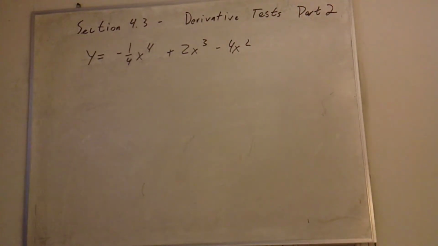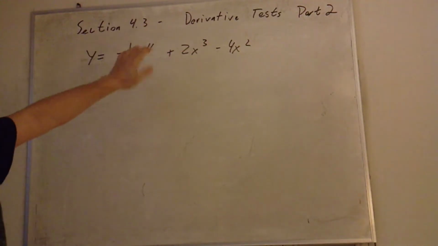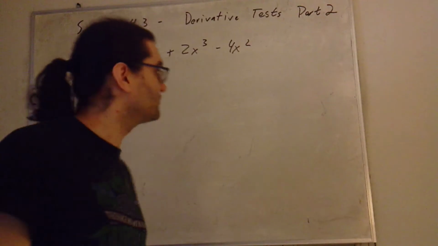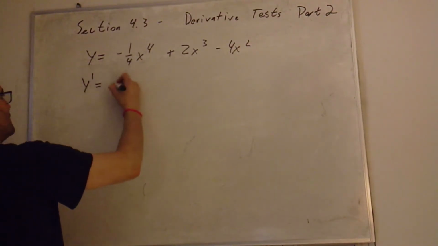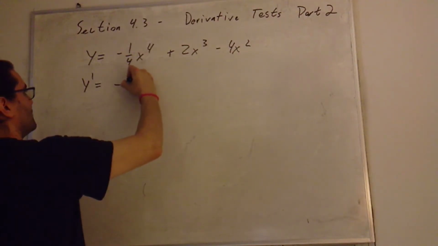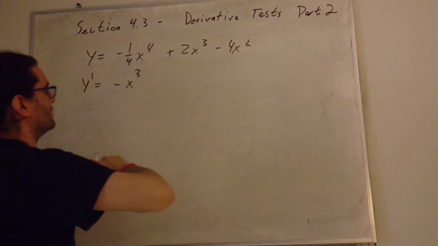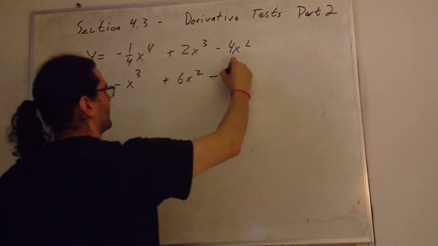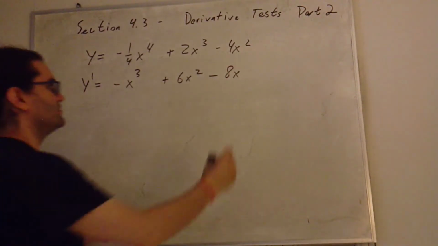Okay, here I have a function. I want to know where this function has local maximums and where it has local minimums. First, I need critical points, so I'm going to take a derivative and set it equal to 0. This will give me negative x cubed after the coefficient and the power cancel, plus 6x squared and minus 8x. This is my first derivative. I'm setting this to 0.